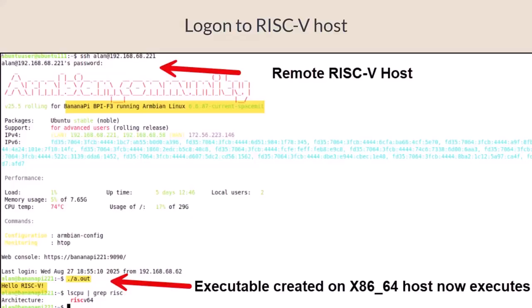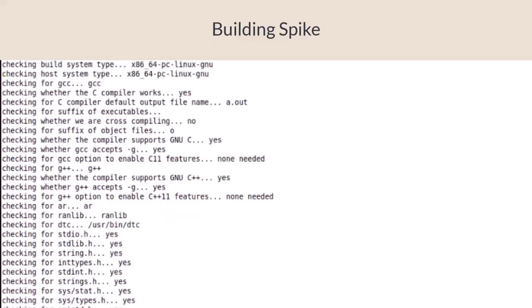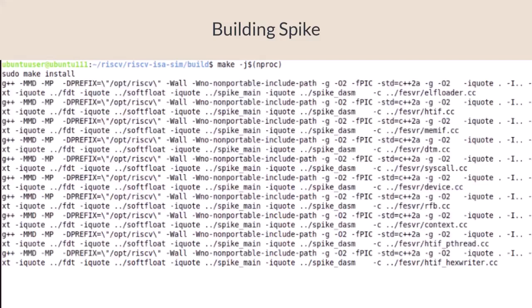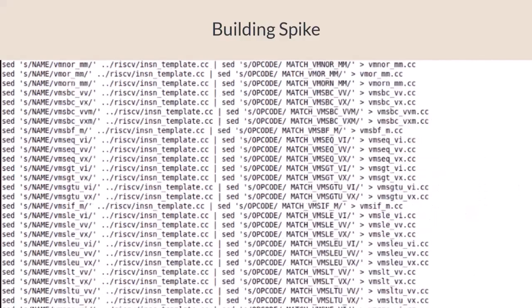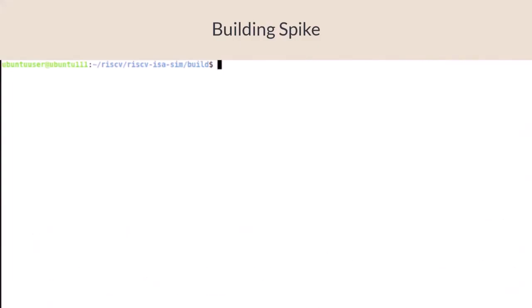Now that the toolchain has been installed, it is time to build and install Spike. Once Spike has been installed, it can be tested by issuing the spike help command.